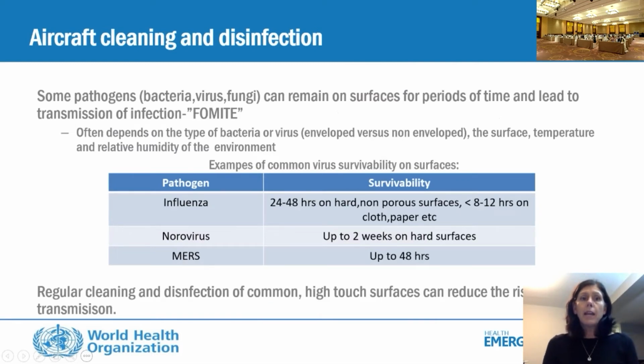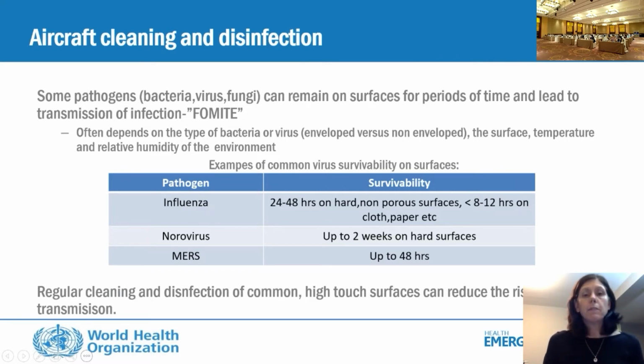So it's important to understand that some pathogens, bacteria, virus, or fungi, can remain on surfaces for periods of time and lead to that infection, and that's called fomite transmission. It depends on the type of bacteria or virus and the surface. It depends on the temperature and humidity of the environment. And just to give you some examples, as you can see on the chart here, influenza can last up to 48 hours on surfaces.